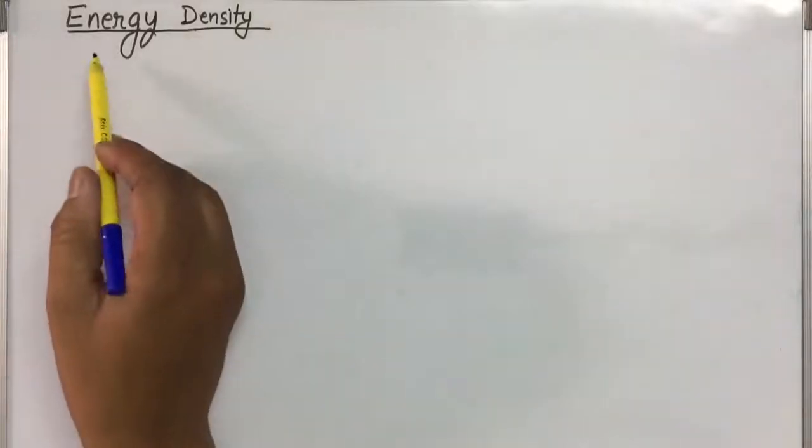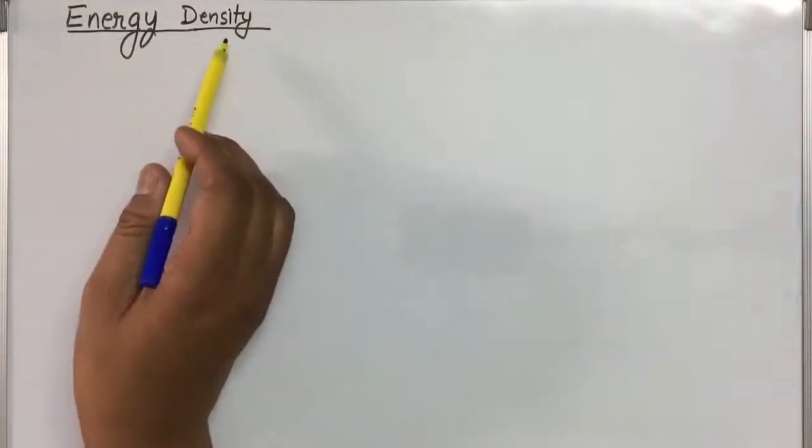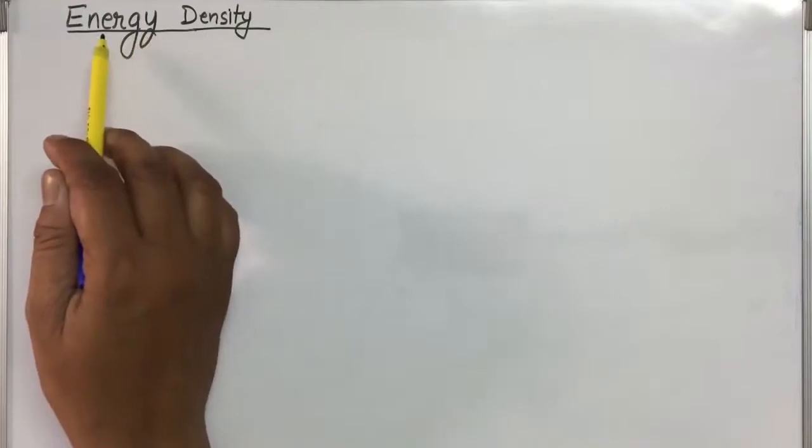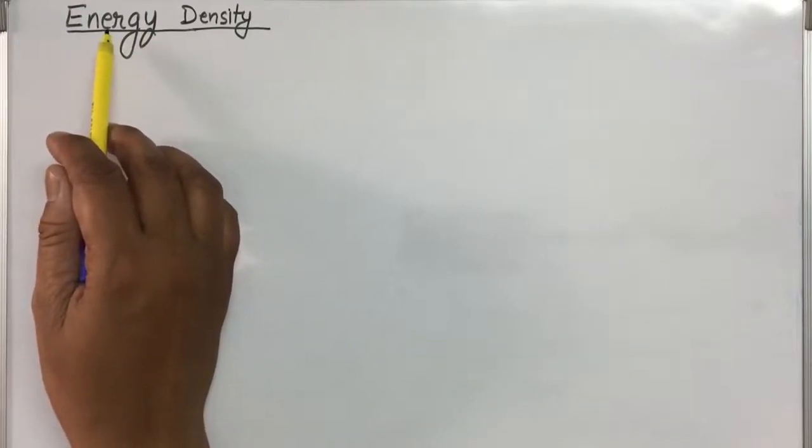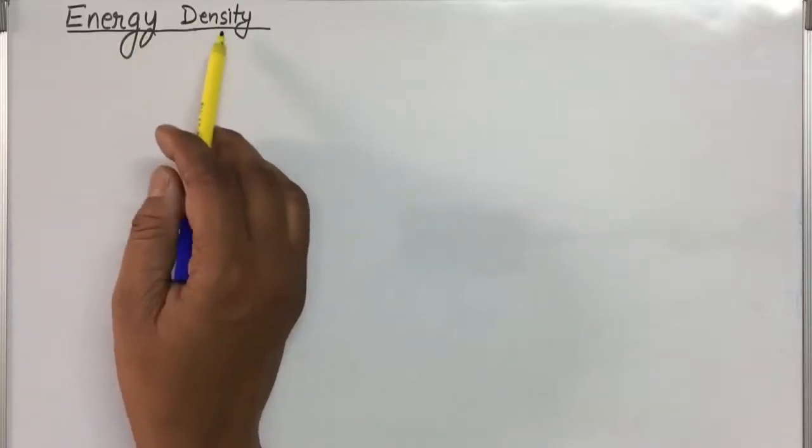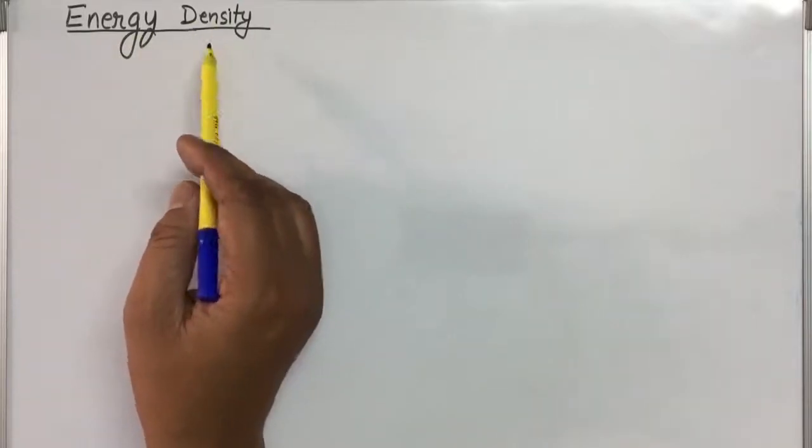Now, the next topic of discussion is energy density. If we define this, we can say it is the energy stored in the material per unit volume. So that is energy density.